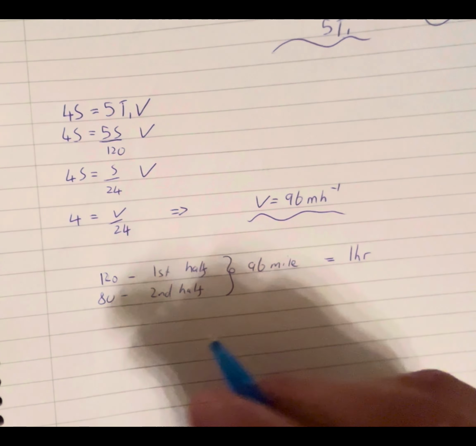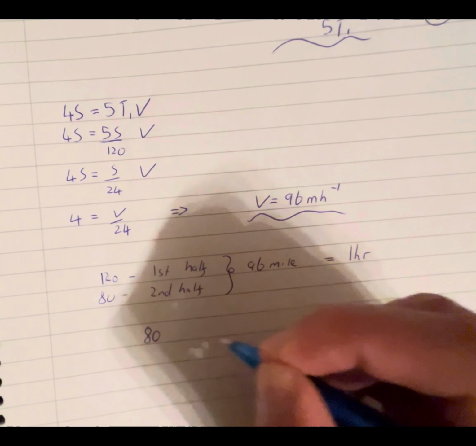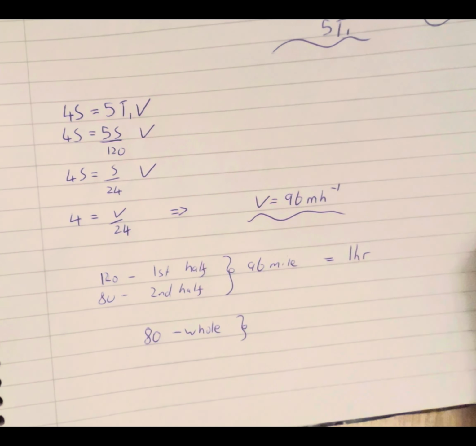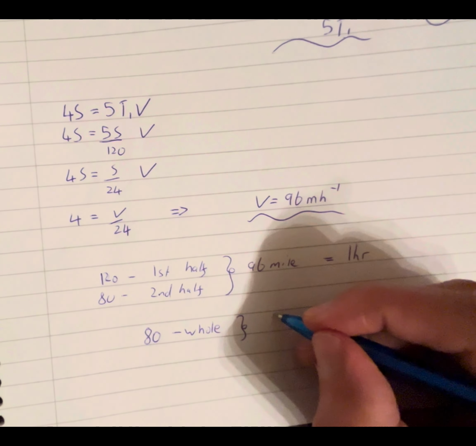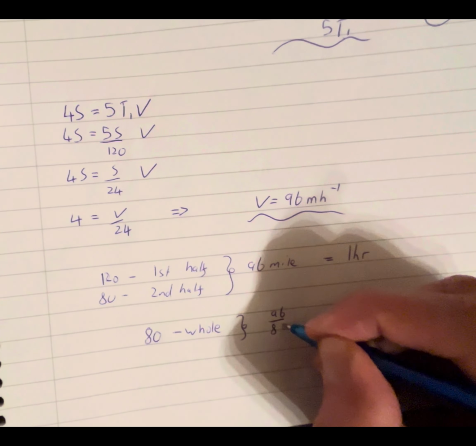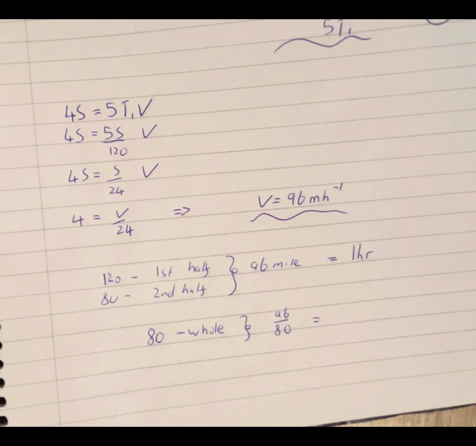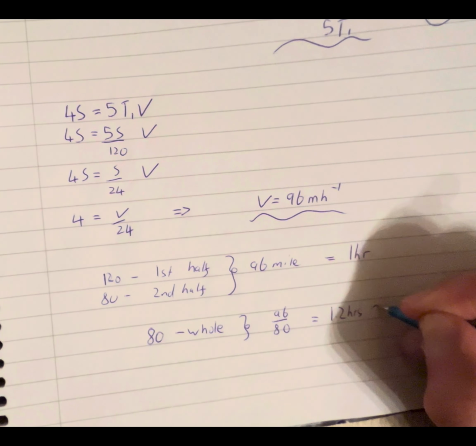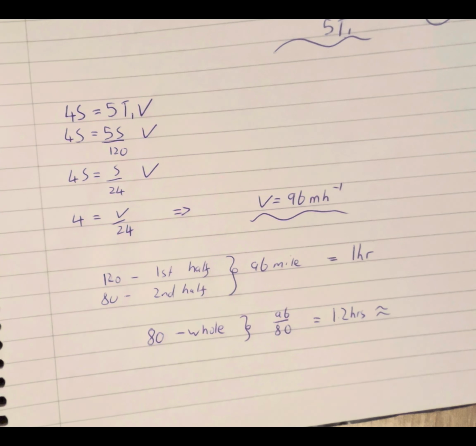Now, if you went at 80 miles an hour for the whole journey, you would get there in 96 over 80, which actually equals 12 over 10, 1.2 hours, which is a fifth of 60.